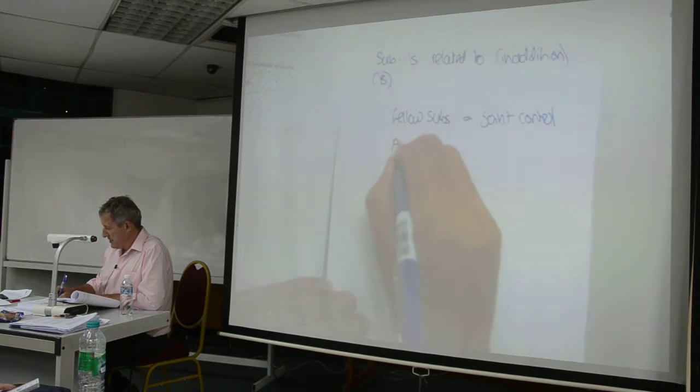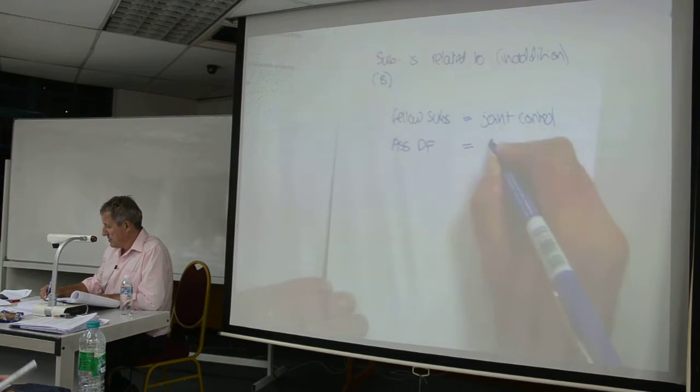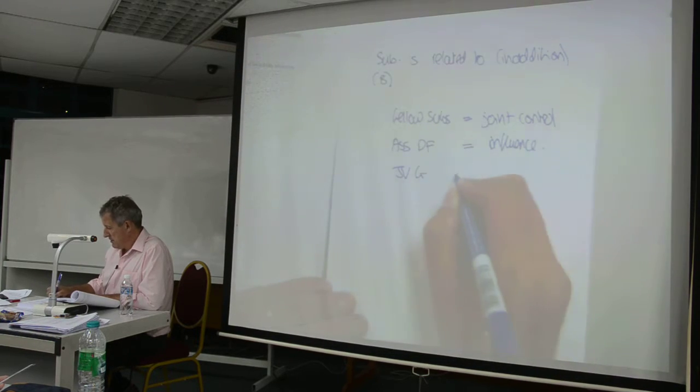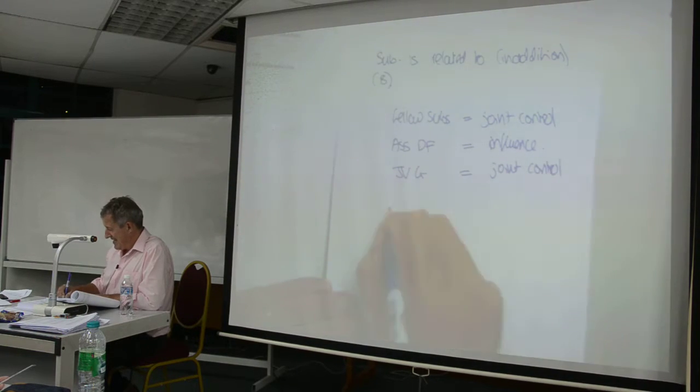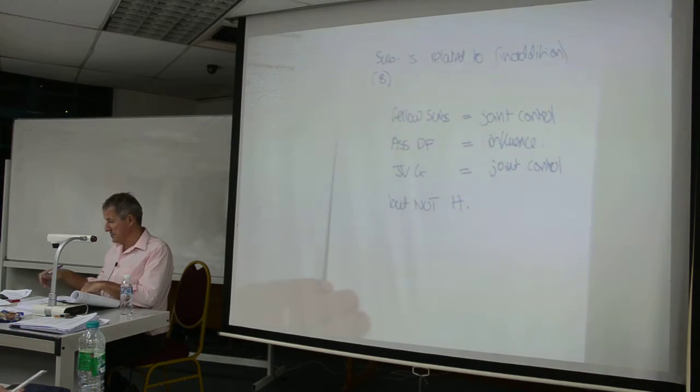The associates D and F, because there is influence, because they're members of the same group. The joint venture G, because there is joint control, but not H.